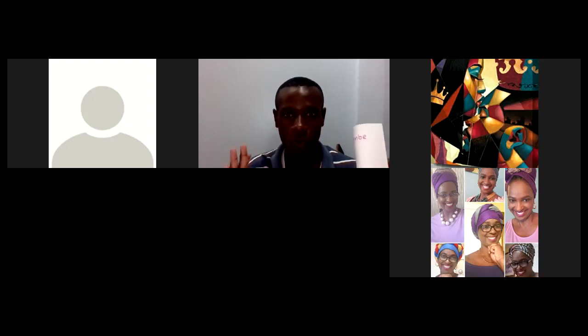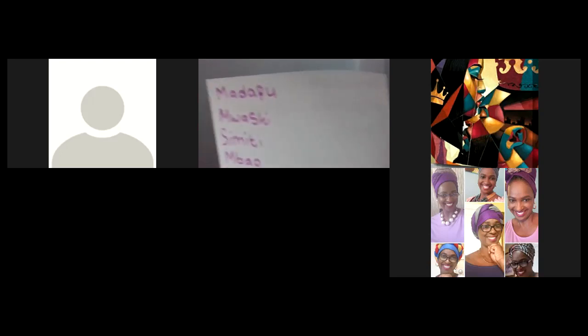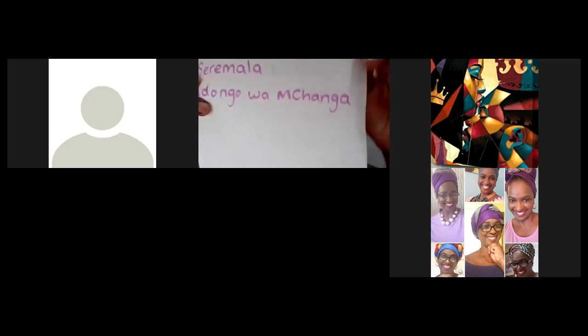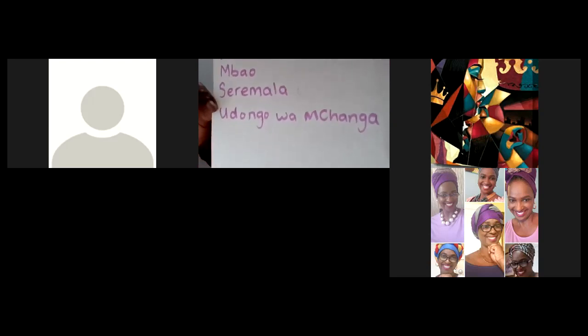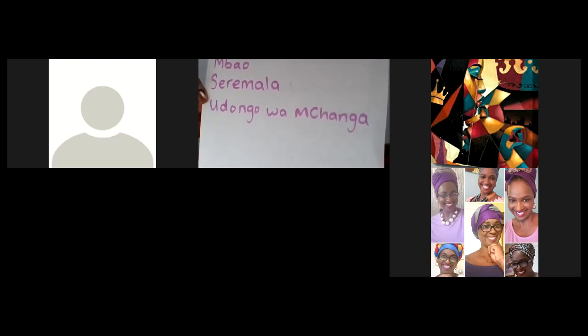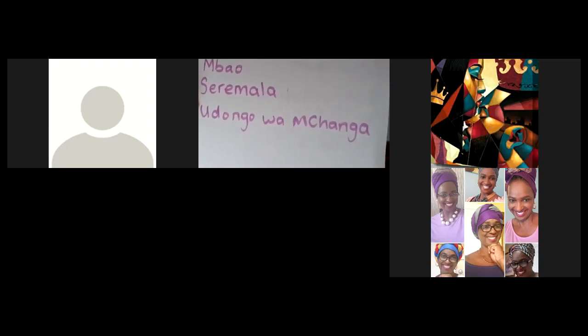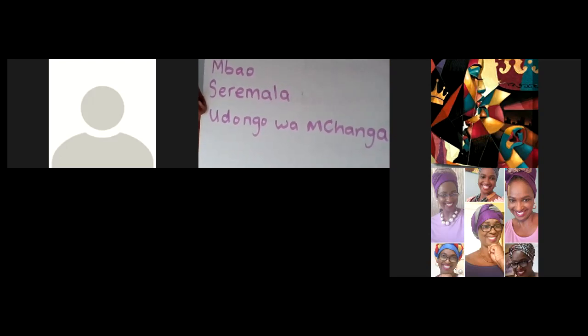Udongo wa mchanga, that's sandy soil. So if I just say udongo, that's soil, the normal soil we use to plant vegetables or plants.